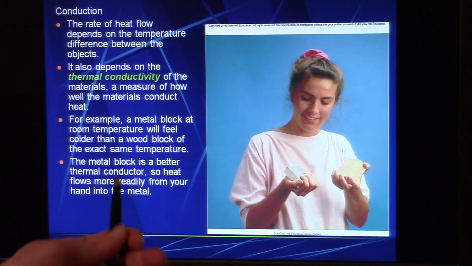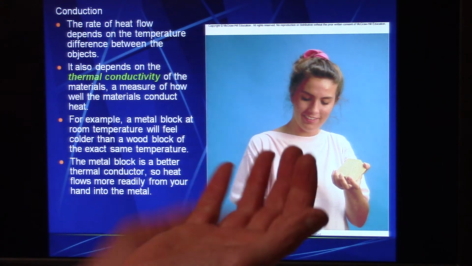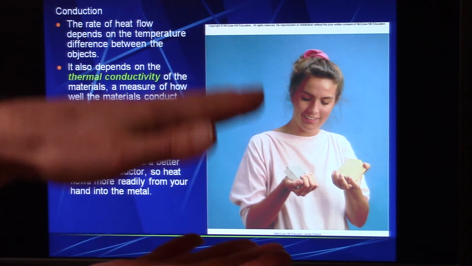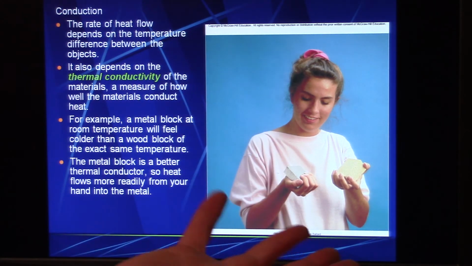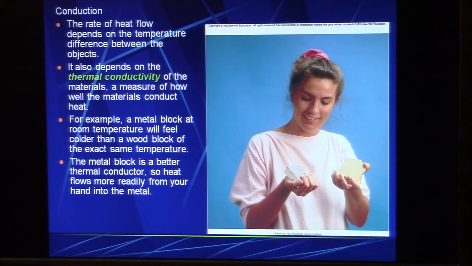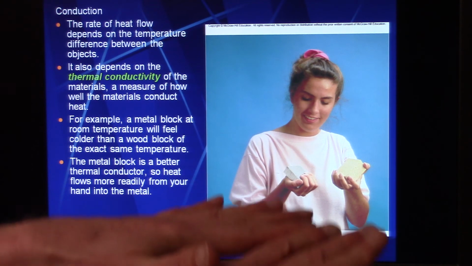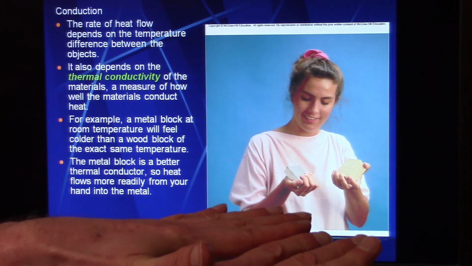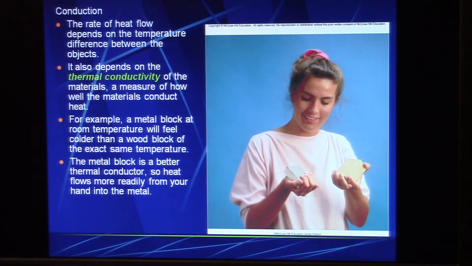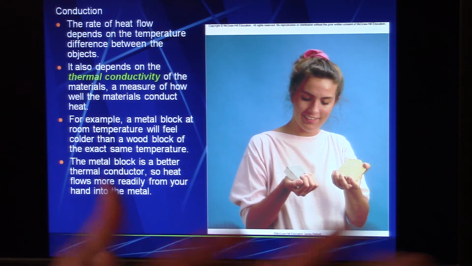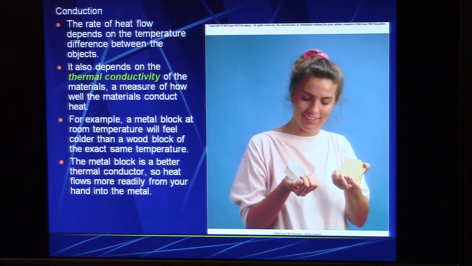And so when you have it in your hand, heat from your hand flows into the metal block, and it feels colder. Just like when you're walking on a carpet or a rug, it feels warmer, but when you step on the tiles, that conducts heat better, and so it's taking heat out of your skin, and now it feels cold. That's how it works. Cool, right?